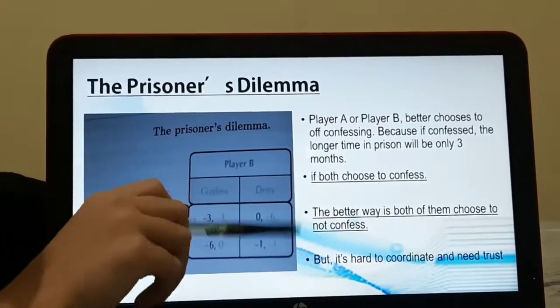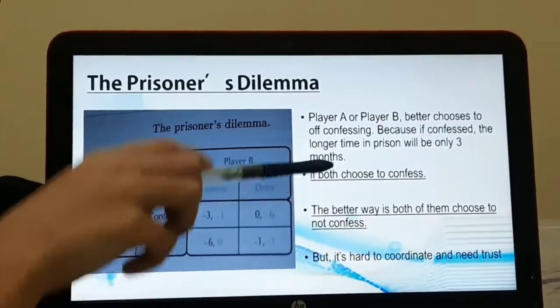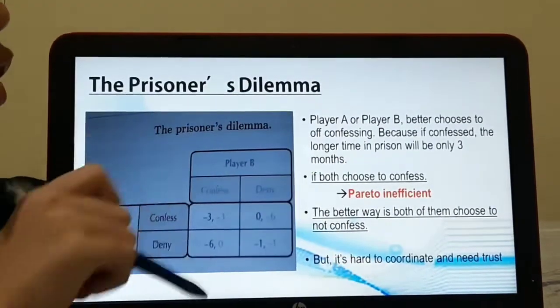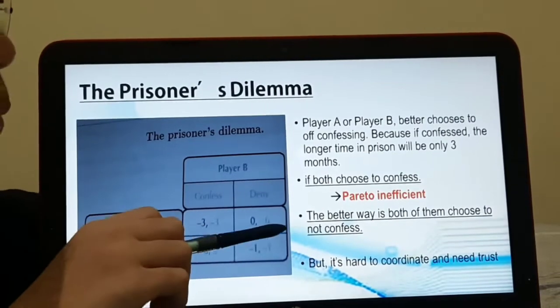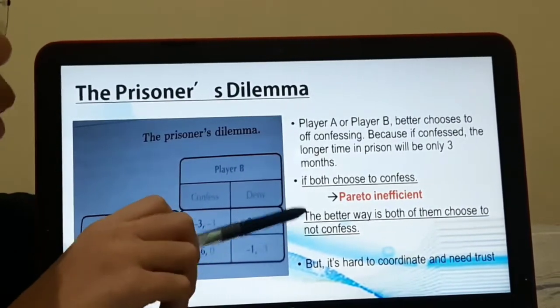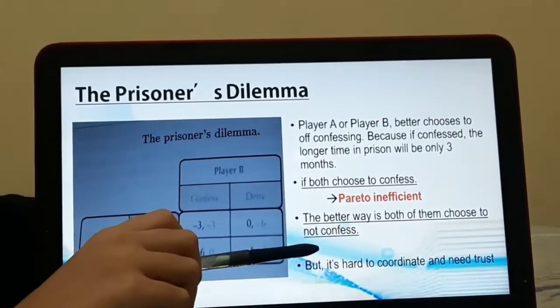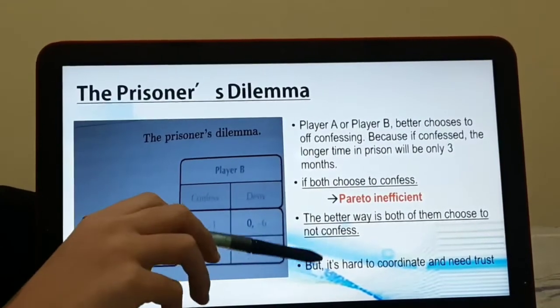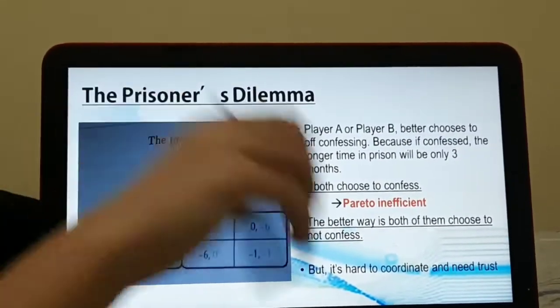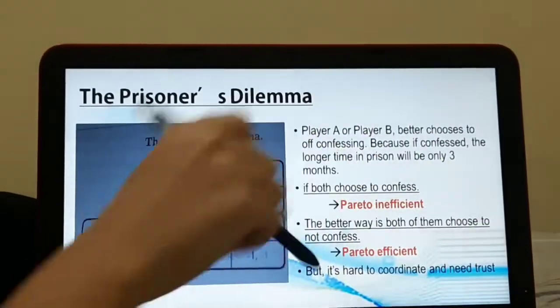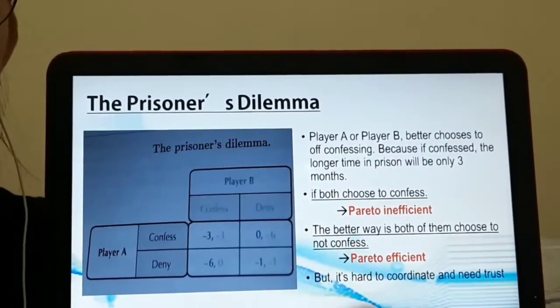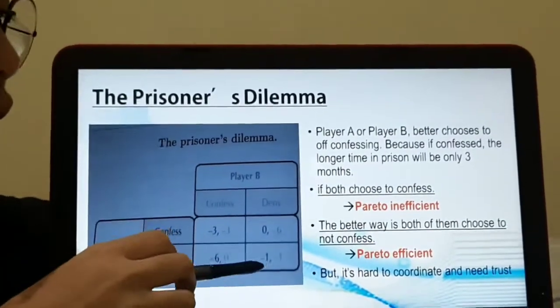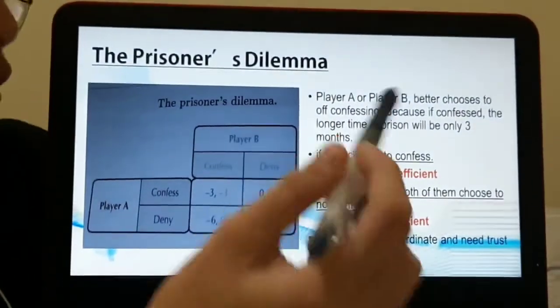So if both choose to confess, this is called Pareto inefficient. But the better way is for both of them to not confess, so they should make a deal first to not confess. This is called Pareto efficient, because there's no better option than this one.